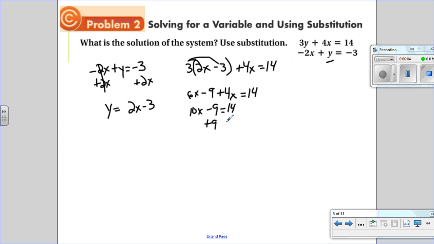Add 9. I get 10x equals 23. And if I divide by 10, I get x equals 2.3.